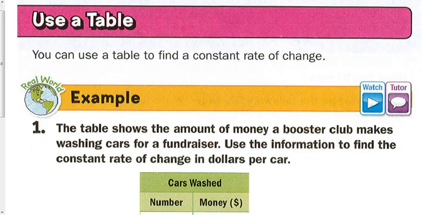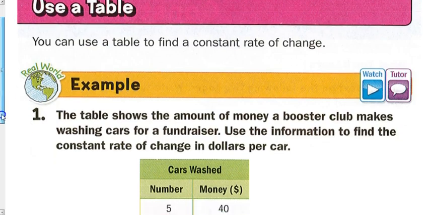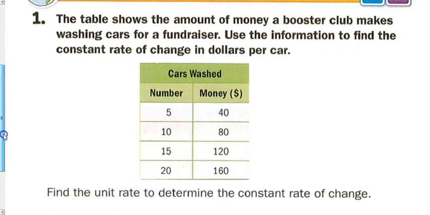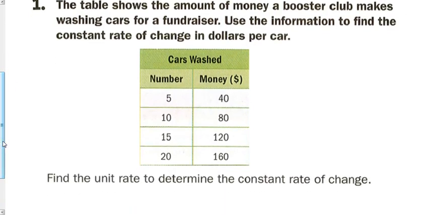So one way to find your constant rate of change is to use a table, much like we did in our little introduction there. So let's take a look at example 1. The table shows the amount of money a booster club makes washing cars for a fundraiser. Use the information to find the constant rate of change in dollars per car. So here we got our table. Let's look at what changes we see.